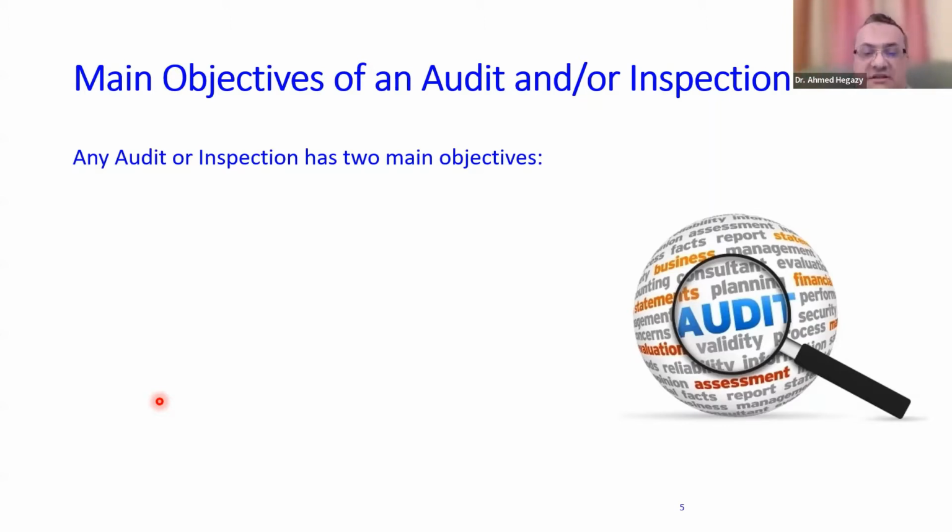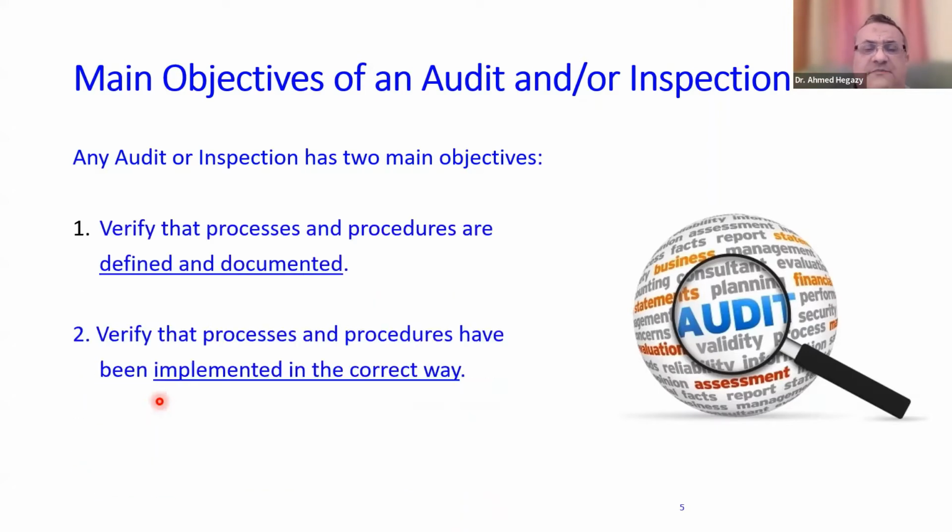What are the objectives? Usually, in general, we have 2 main objectives. The auditor or inspector would like to see that you have a process, you have a procedure, you have documents, SOPs, standard operating procedures, that are in place, that are defined, that are documented. So they want to see that you have it. And number 2, they want to see that you are following it.